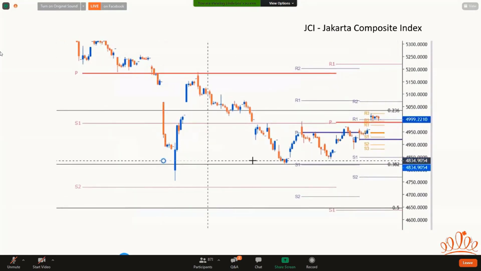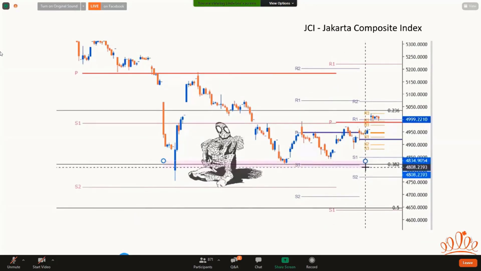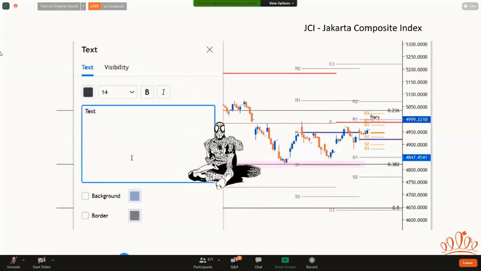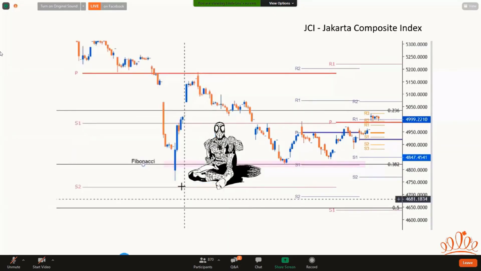A pivot point that overlaps with a Fibonacci level becomes a stronger support or resistance level. Like a spider web made to ensnare prey, so do traders use pivot price clusters to wait for the price to come and hit their trade setup.